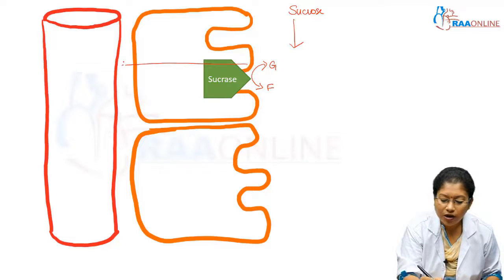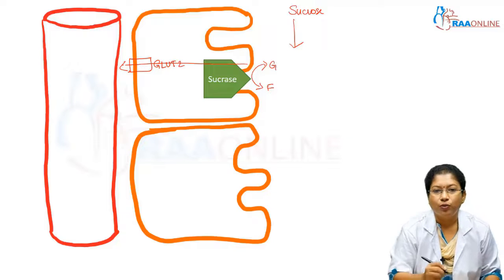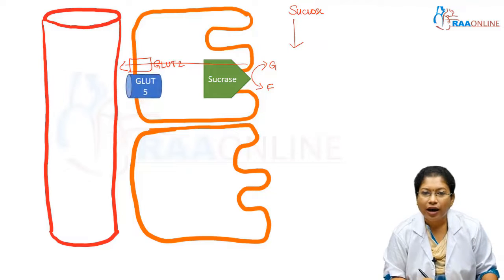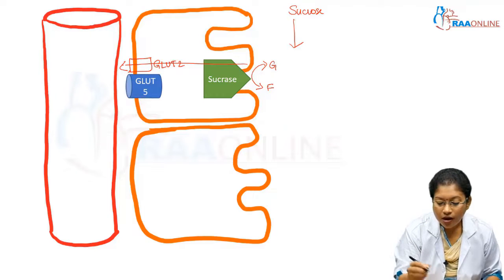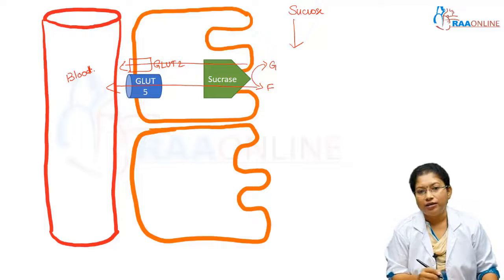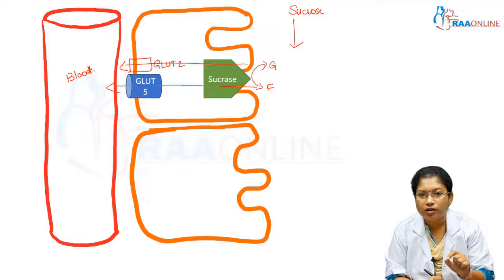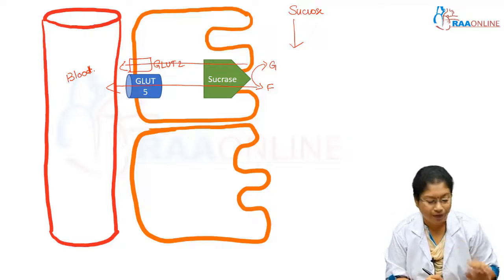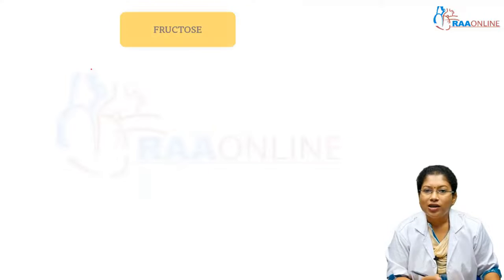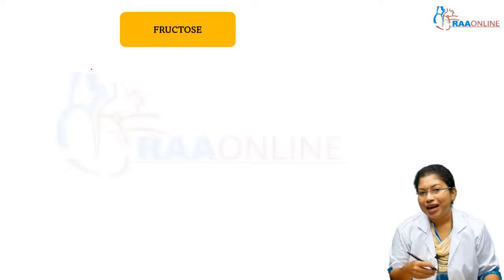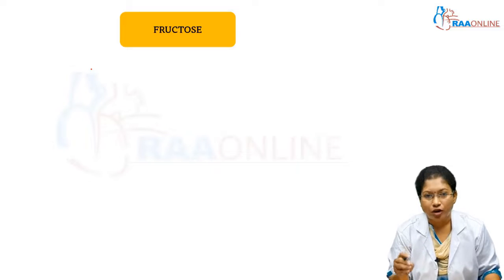Glucose enters the blood circulation by glucose transporter 2, whereas fructose enters the cell by glucose transporter 5, and then enters the blood circulation. So the fructose transporter here is glucose transporter 5, GLUT 5. Once it is absorbed, it is taken into the portal circulation to the liver for its metabolism.